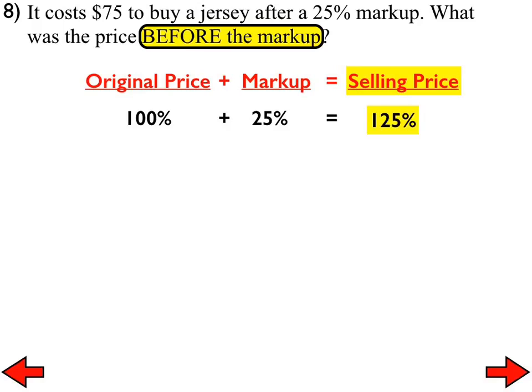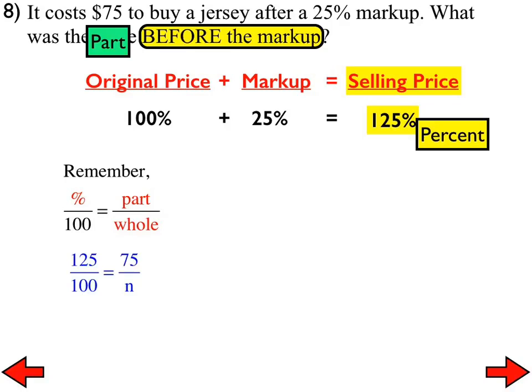You're paying 125%. So that's the percentage you're going to use, whichever method you picked. 125 over 100 equals, they gave us a part. The before price was the one that we're looking for. So after is the part. That's the 75 on the top. You should get n equals $60. It was originally $60, and now you're paying $75.